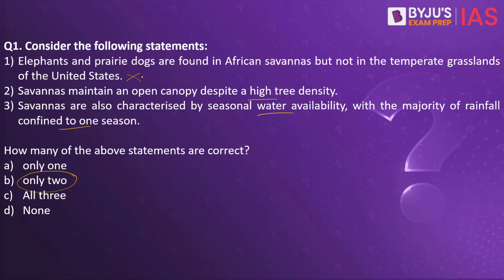This results in what is called a long dry season that inhibits the growth of trees in this region, and as a result savannas maintain an open canopy despite a high tree density. Savannas are also characterized by seasonal water availability with the majority of the rainfall confined to one season. So the second and the third statements are correct. The first statement is wrong, which is why only two statements are correct with respect to this question.